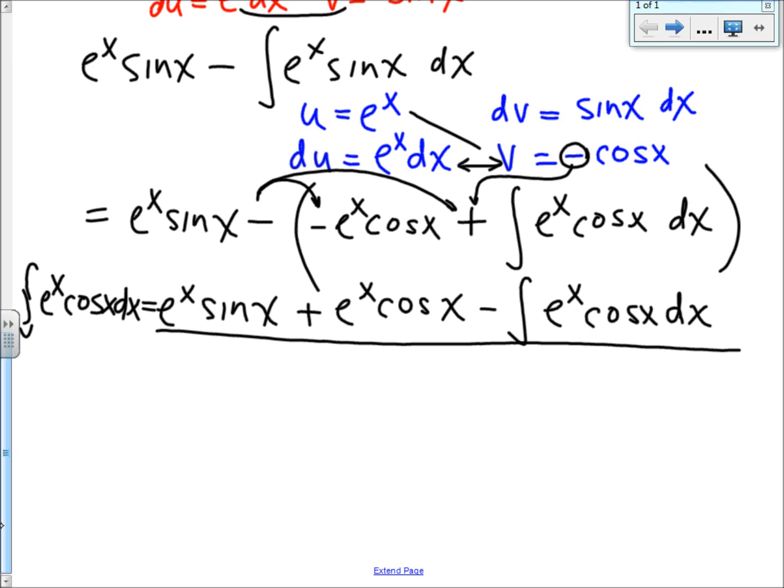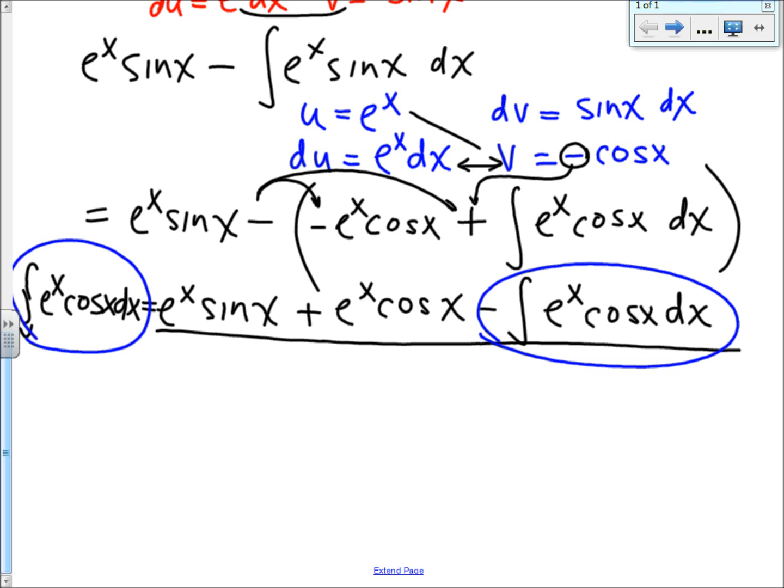This right here and this right here are exactly the same thing, right? So I can actually group them together. I can take this one right here and bring it all the way over here. It says minus the integral, so what would I do to get it over to the other side? I'd have to add it to the other side. I know I have one of them already over there.